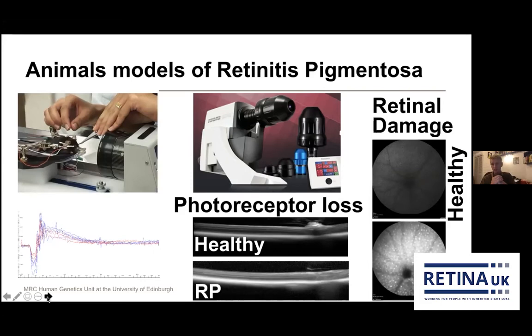And what we see in our mice, and what I'm showing you on the right, is that the RP model, the RPGR mutant mouse, gets increased autofluorescence. So these are lovely tools for assessing loss of function, loss of structure and ill health in RP, and therefore we can monitor mice and see whether they are losing sight and whether we can prevent it with drugs.